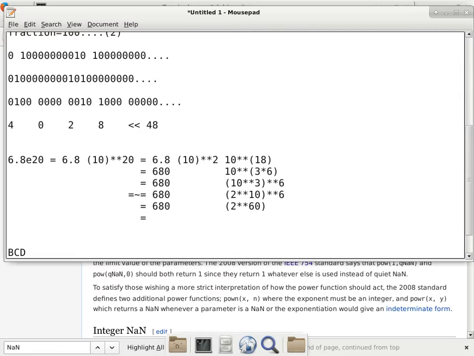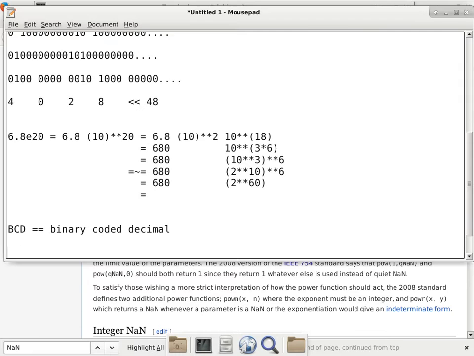If you add American to the first letter, then we have ABCD, but it's not, okay? It's just BCD. So BCD stands for binary coded decimal, which is extremely confusing. So is it binary or is it decimal? Yes. Yes is the right answer.